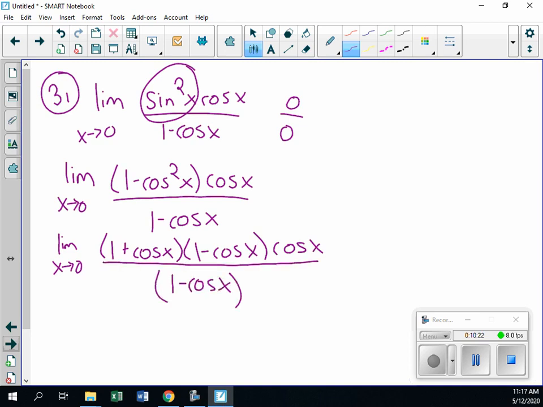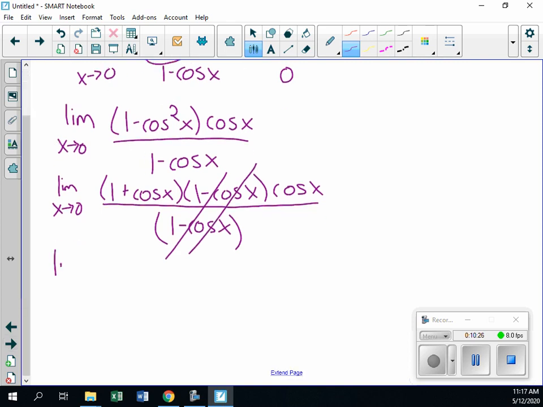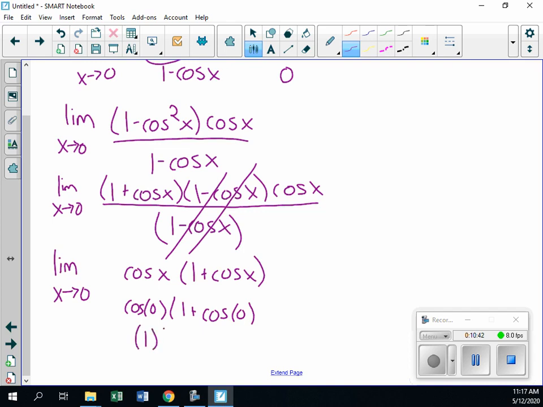What happens to my 1 minus cos x's is they cancel. I am left with cos x times 1 plus cos x, which when I plug in my zeros, I get 1 times 1 plus 1, which is 2. You can also use the conjugate for that one as well, and you get the same answer.